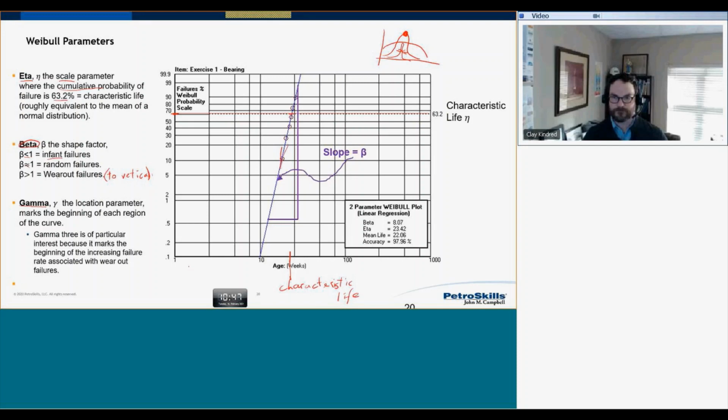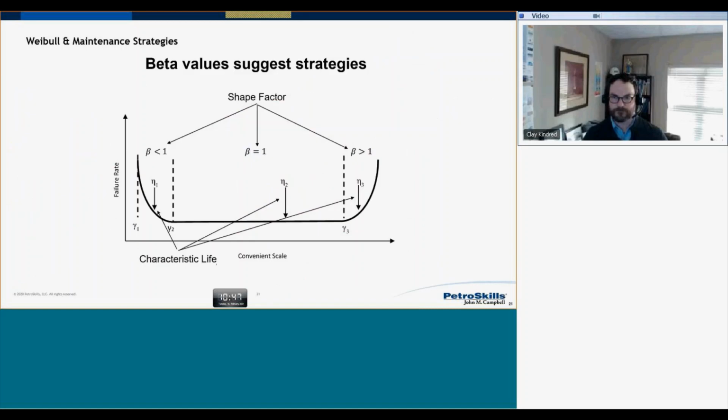That's all gamma is. It's a starting point. So what we get is beta less than 1. This is my infant mortality. Beta approximately 1. This is useful life. Beta more than 1. That's my wear out. That means I want to be changing or doing my maintenance in that sort of area.